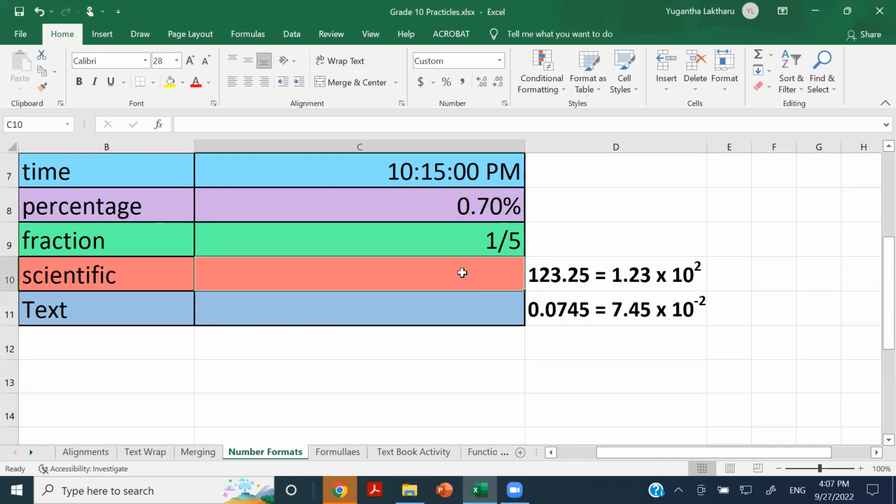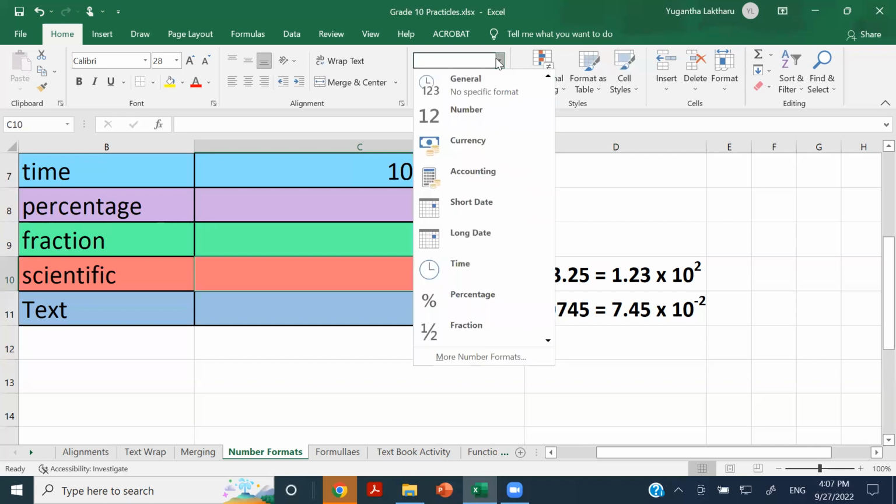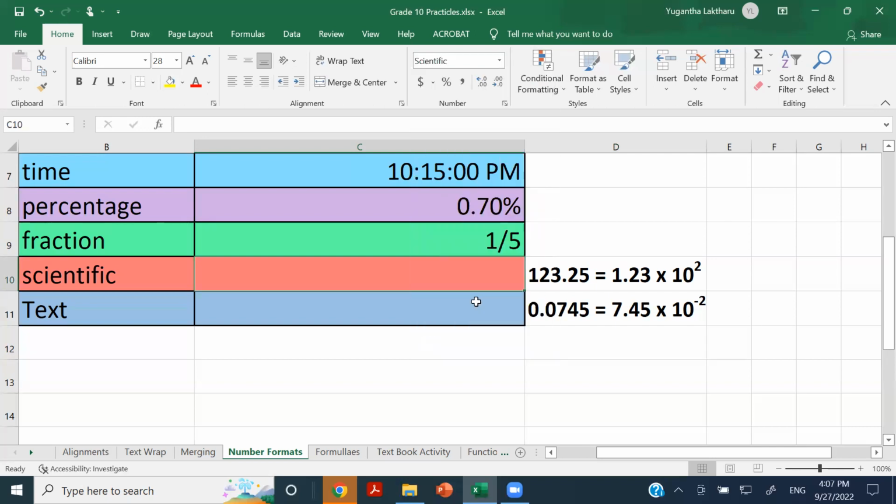Now, once I have formatted the cell as scientific, I'll type the same value, 123.25, and press enter. Look at that.